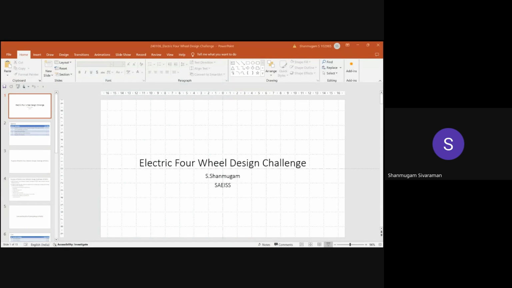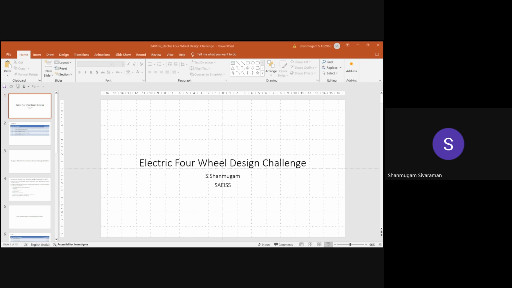So we have this challenge, electric four-wheeler design challenge. This is a kind of a 1 year event actually. What exactly will we do in this awareness session?